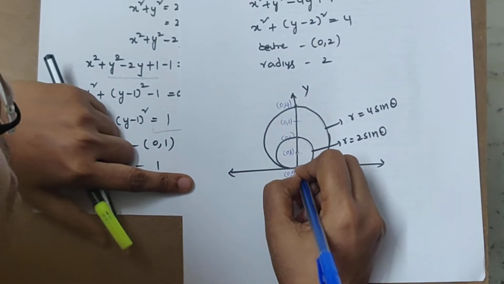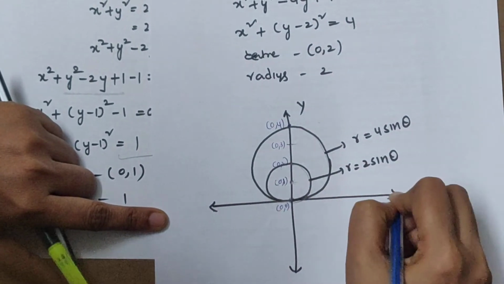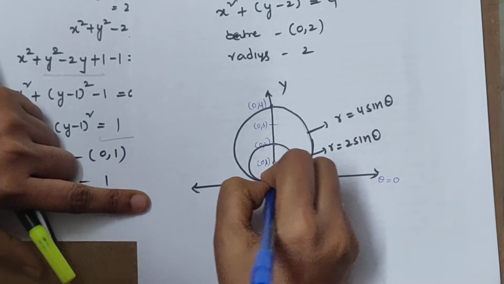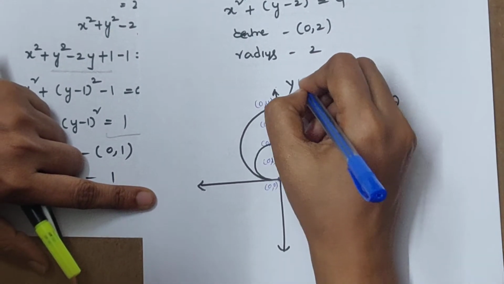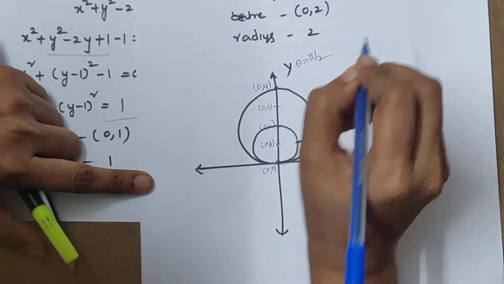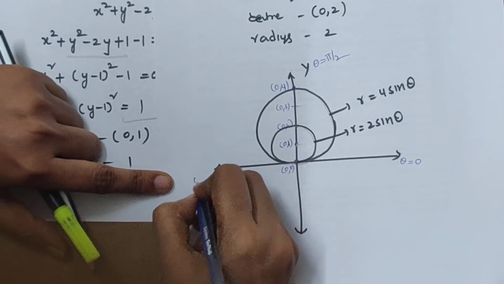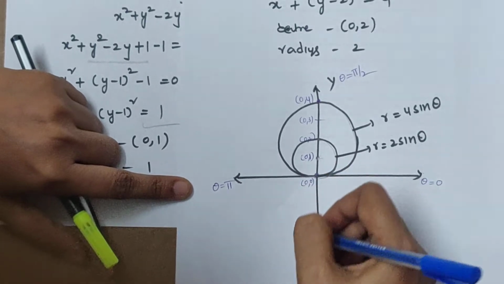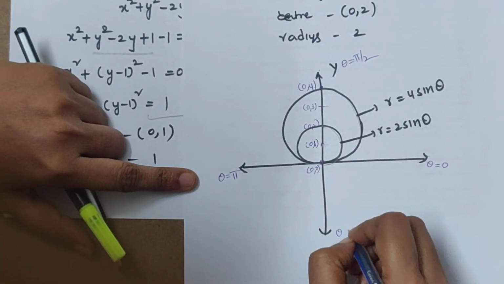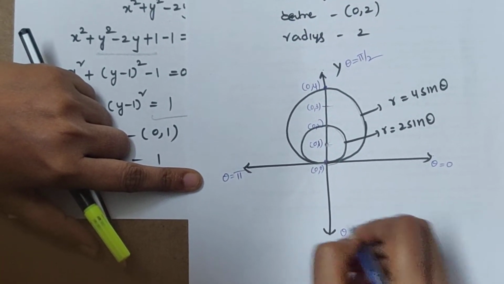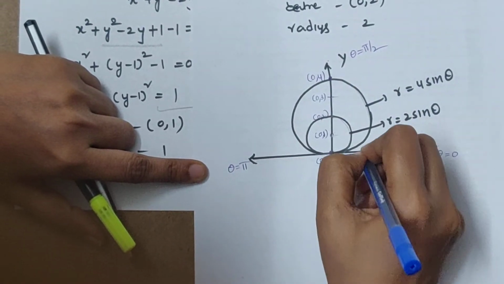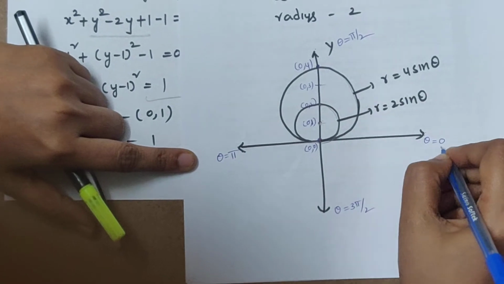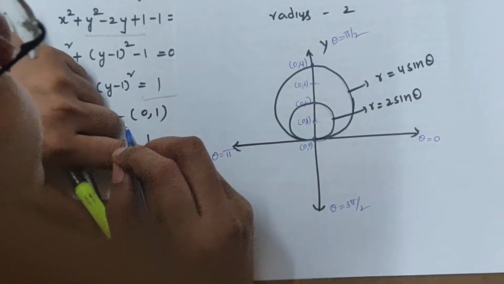We call the origin the pole and the positive x-axis theta equal to 0, and the positive y-axis theta equal to pi by 2, and this as theta equal to pi, the negative y-axis we call theta equal to 3 pi by 2, and if you complete one rotation it coincides with theta equal to 2 pi, theta equal to 0.